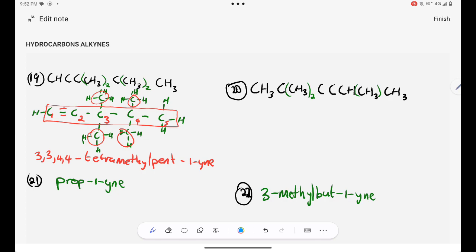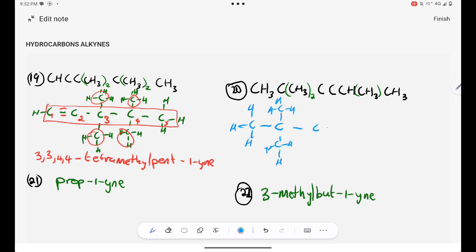Okay, and then for number 20, I have CH3. I have a C with 2 CH3s like this. Let me just write the hydrogens before I even continue.